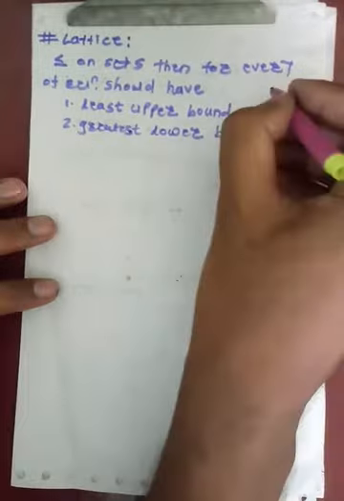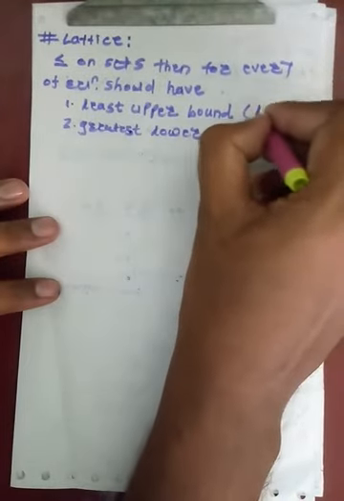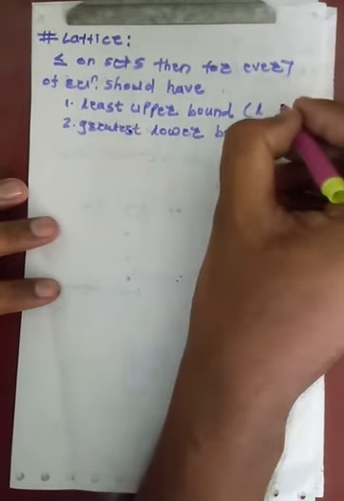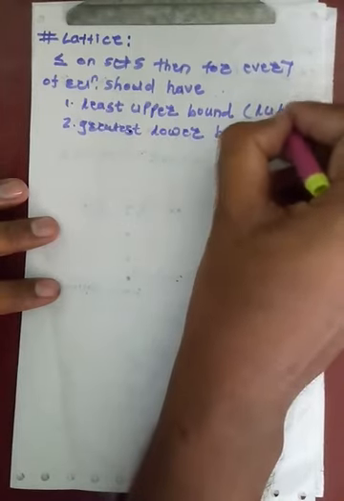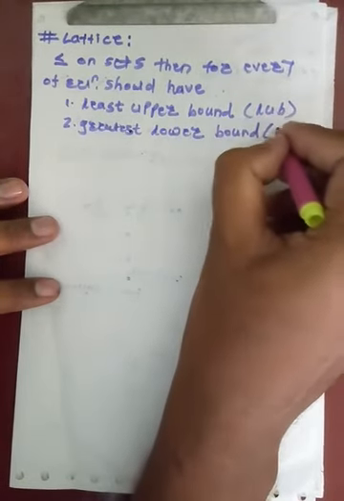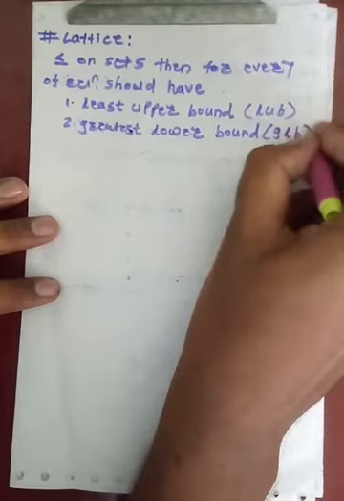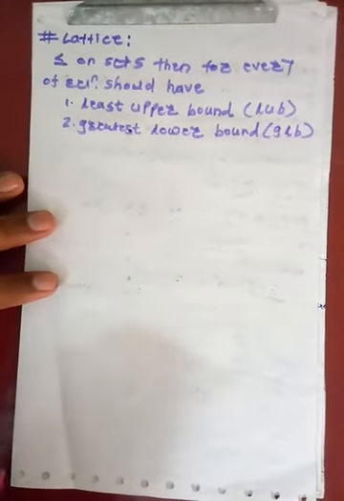Least upper bound and greatest lower bound, that is LUB and GLB, right?